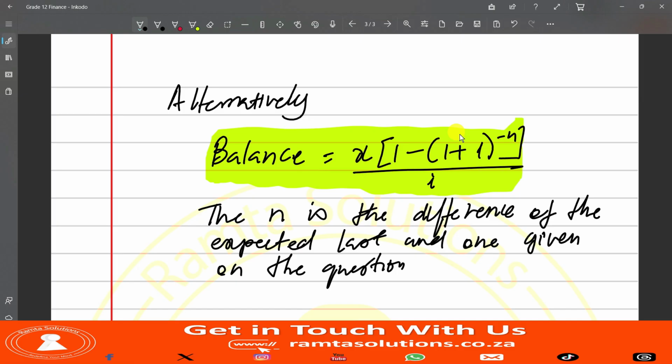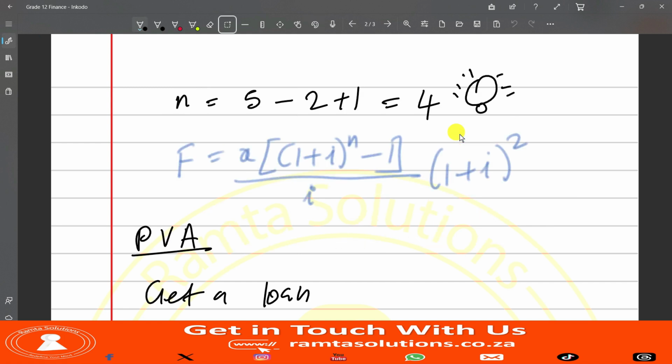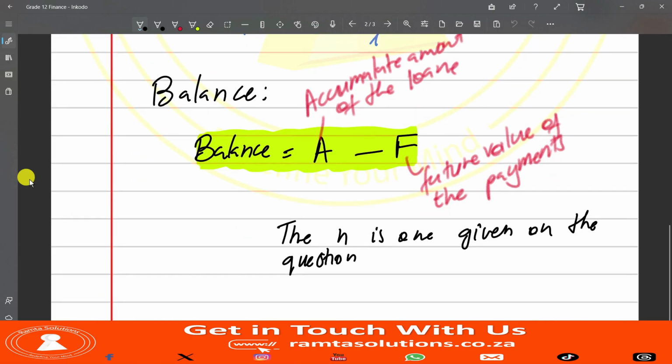So it's your choice which one you're choosing. But if you're choosing the first one, the n that you're going to use for both parts will be the one that is given on the question as is.